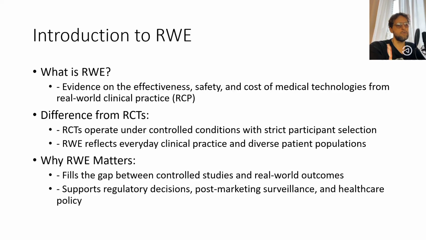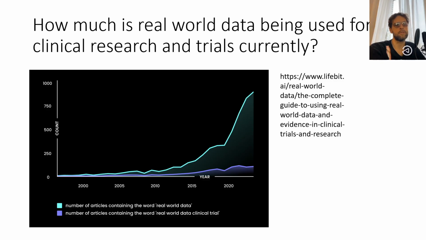And also we are able to utilize this data to support our regulatory decisions, and we are able to detect new indications, contraindications, and maybe we should adjust certain dosage, or we should try to approach a new form of drug delivery, or there could be other types of post-marketing surveillance which are quite important.